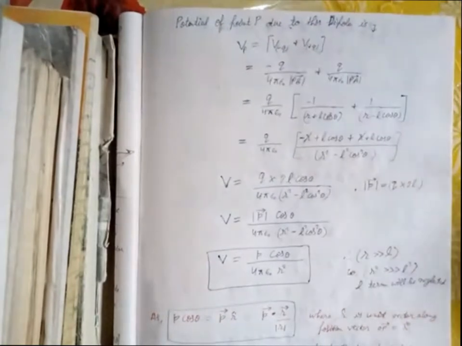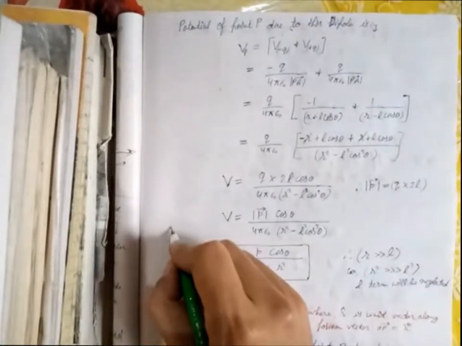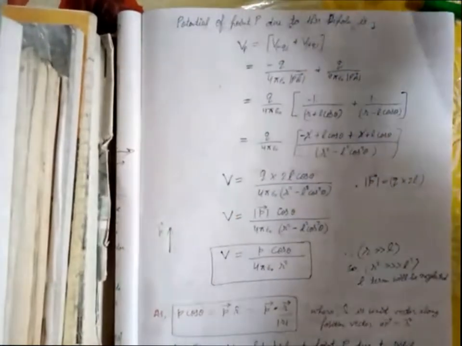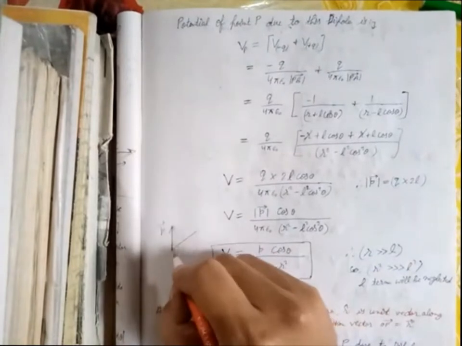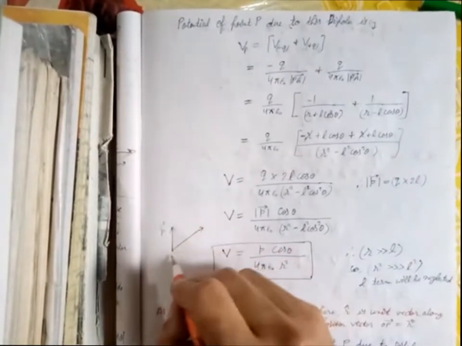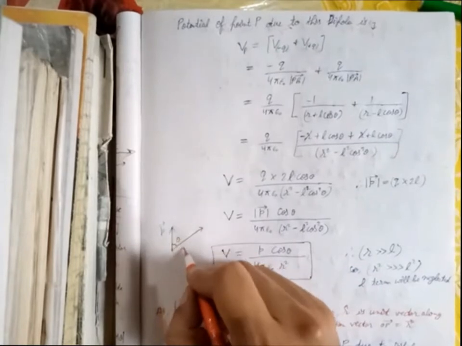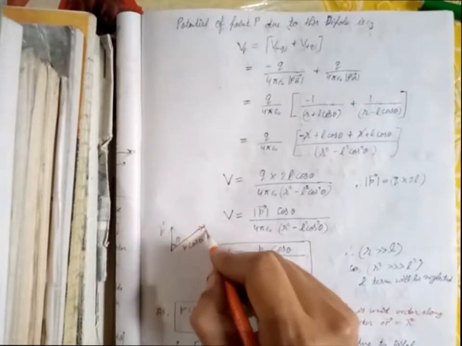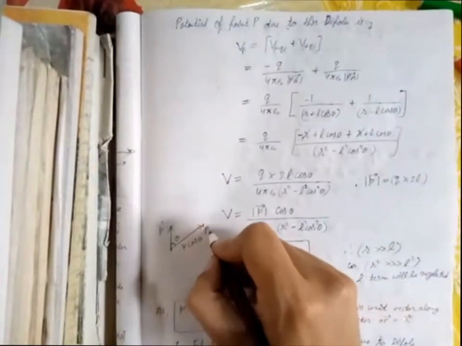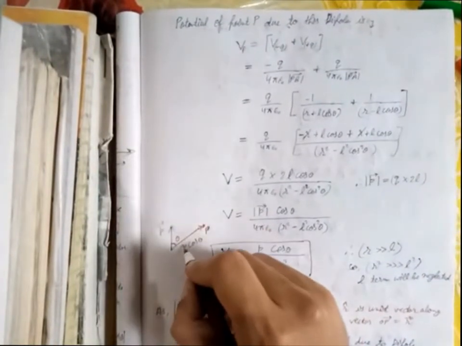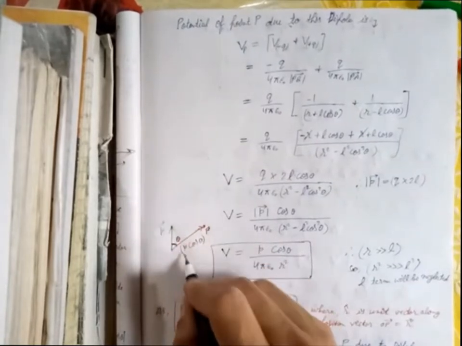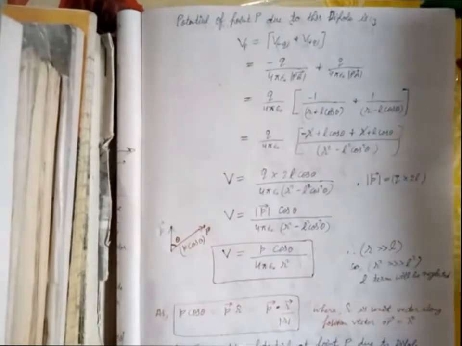We know the dipole moment was in this direction, the position vector was in this direction, and this angle is theta, so the component will be P cos theta.